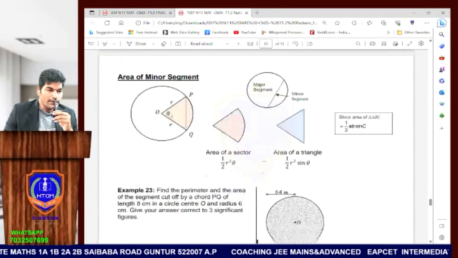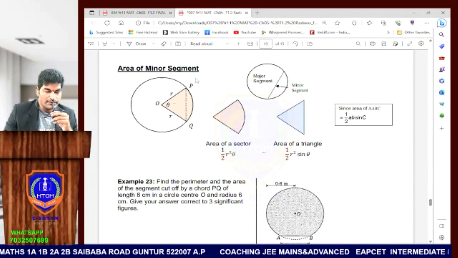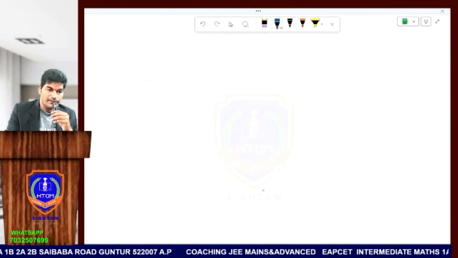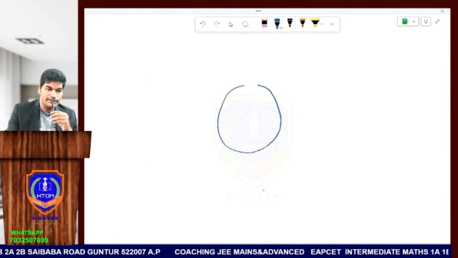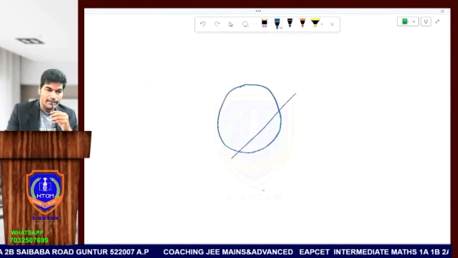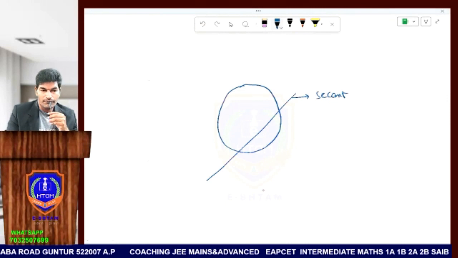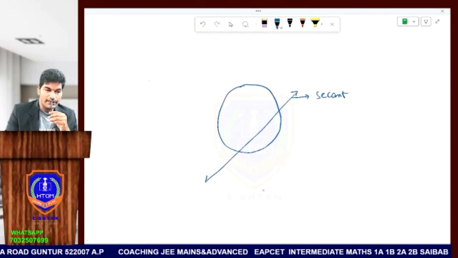Next, area of minor segment and major segment. So actually in a circle, let us consider a circle and a secant line. What is this line called? Secant line. Secant line means we don't know where it is starting and where it is going.